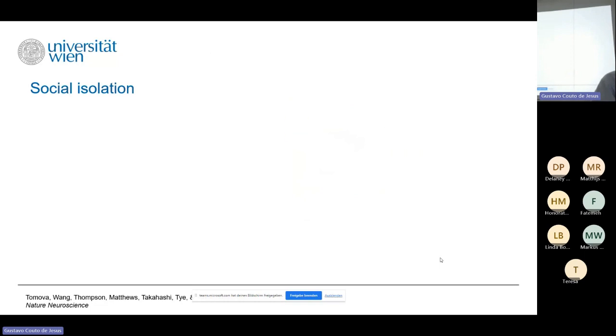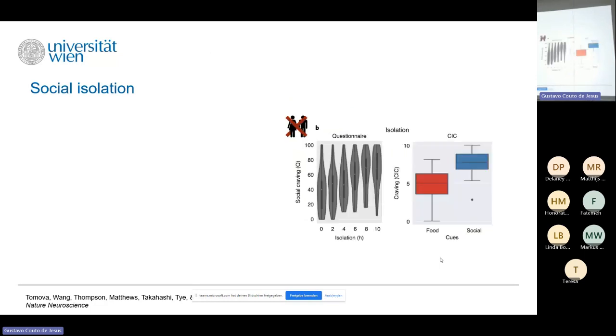So what she observed is that indeed social isolation led to social craving over time. In this questionnaire, during the 10 hours of social isolation, she observed an increase in desire for social contact. And there is also a higher sensitivity in the behavioral task to social cues compared to food cues.